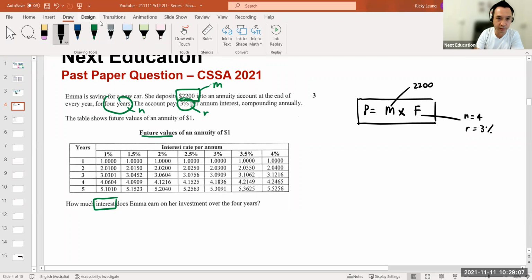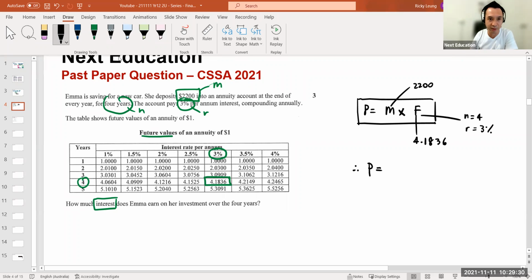Let's look it up. So 3%, 4 years. So this one here is the factor that I want. So the factor is 4.1836.